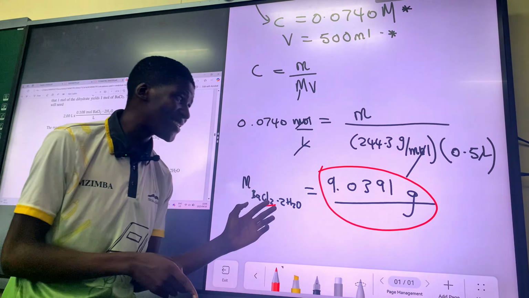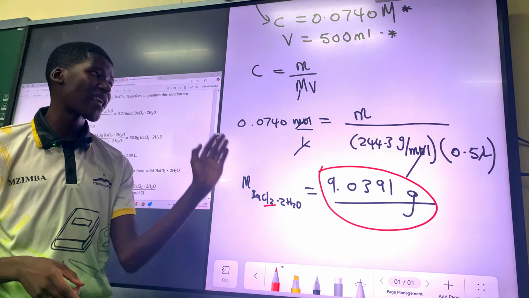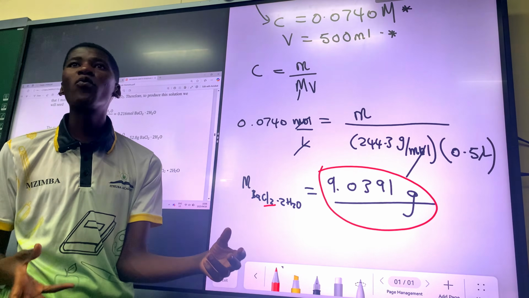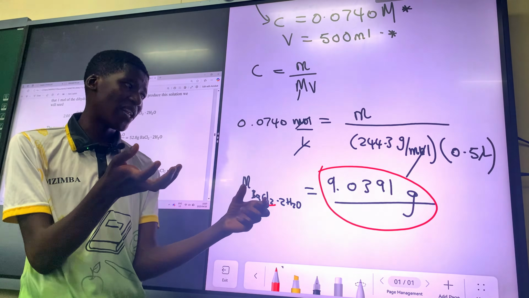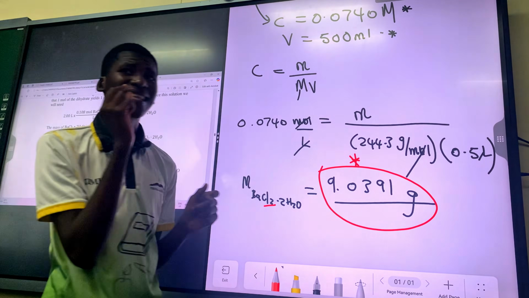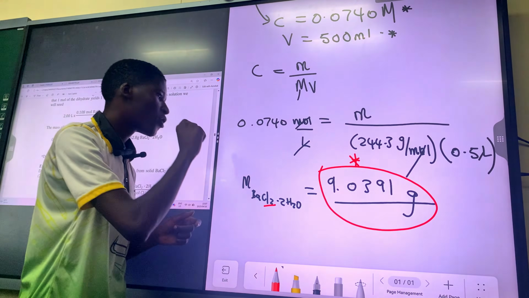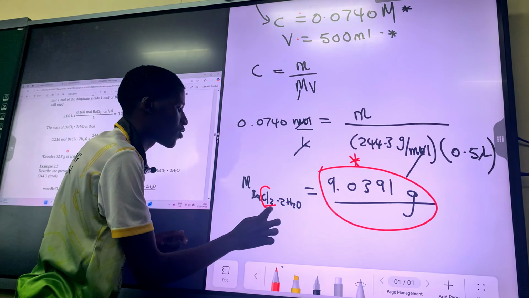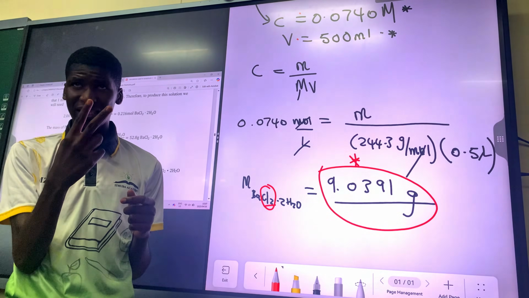For the barium chloride, we calculated the mass. I told you barium chloride is only 1 barium chloride dihydrate, so we'll need exactly that amount. But in this case, this mass is the mass required to produce that concentration and volume of barium chloride with 2 chloride ions in it.